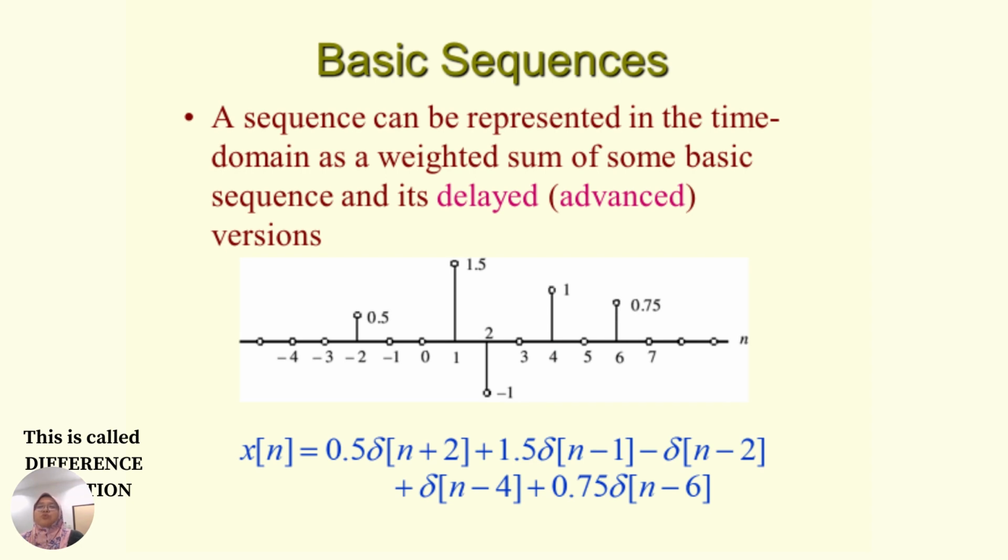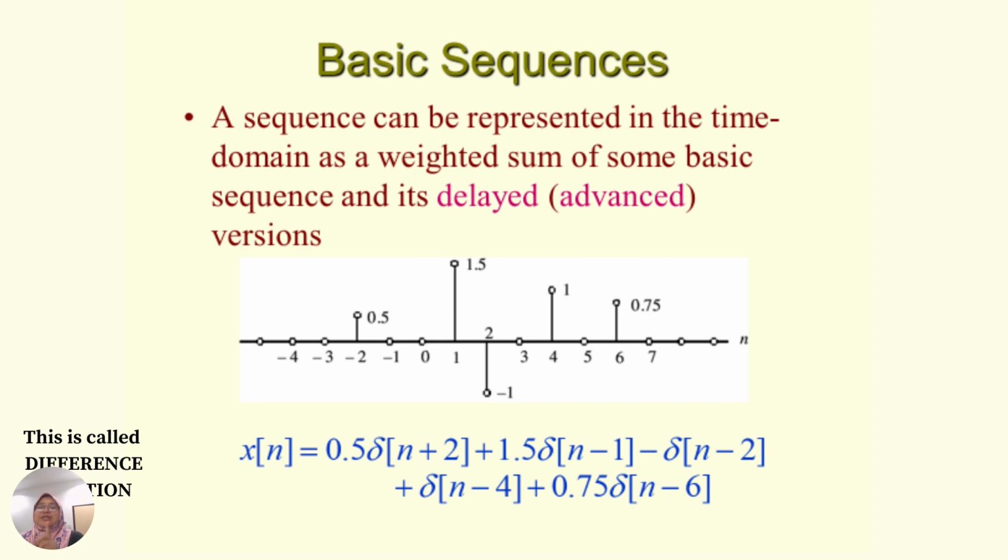So 0.5 multiplied by 1 gives 0.5. So you can write this into an equation. You see that the first term, 0.5 delta[n+2], means the location is 0.5 at location negative 2. Then 1.5 delta[n-1].